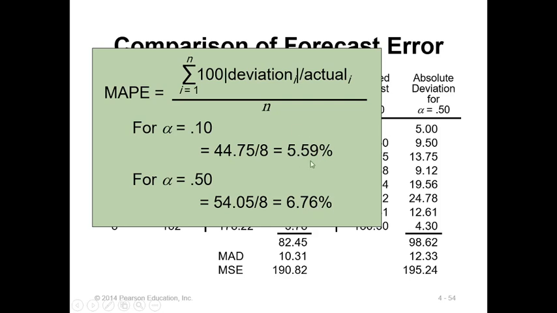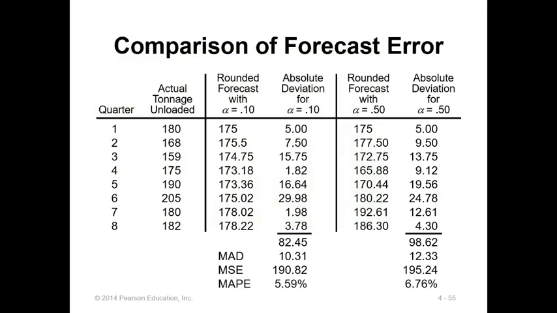So here we have less forecasting error than when you use alpha as 0.50. This is just to prove for you, it's not really advisable always to use a high value of alpha as a smoothing constant. Okay.